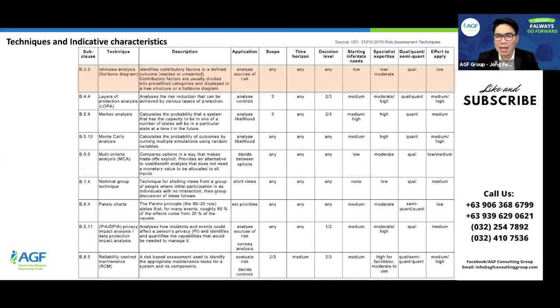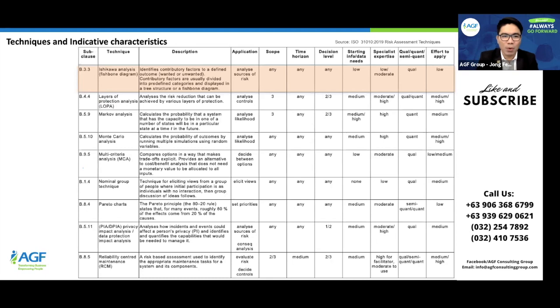Time horizon any: short, medium, or long. Decision level: strategic, tactical, or operations. The starting information or data that we need before we can start is also low. So it doesn't require a lot of data gathering before we can start using the Ishikawa analysis or fishbone diagram. That's why it's popular. It's easy to use as well.